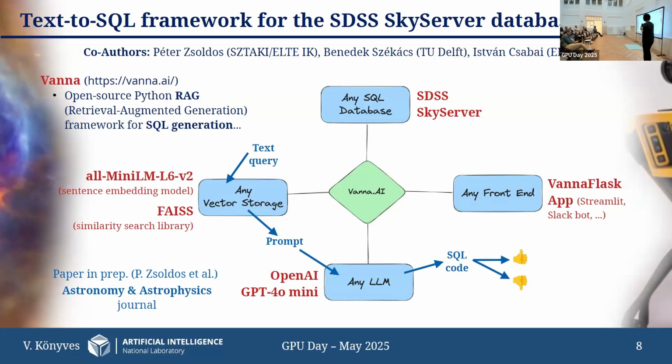Basically, we already have a paper in preparation. We are still changing the modules, as you can see in this representation. So this framework is modular. You pick the database, the vectorizer, the LLMs, and even the front end. And so we are still changing, for example, the LLMs.